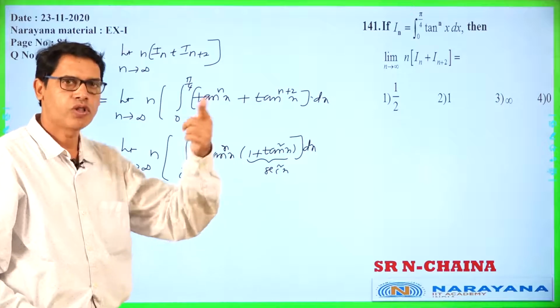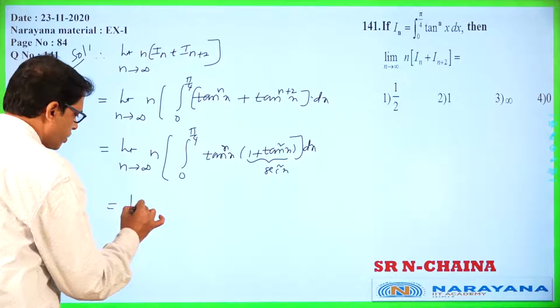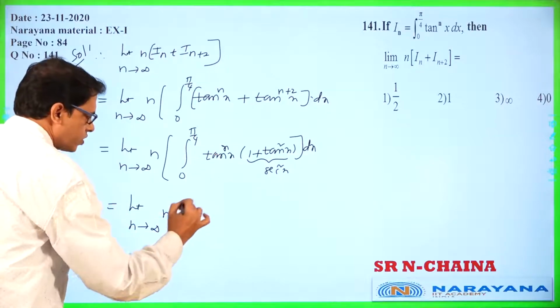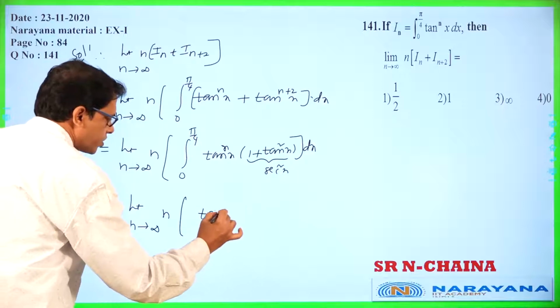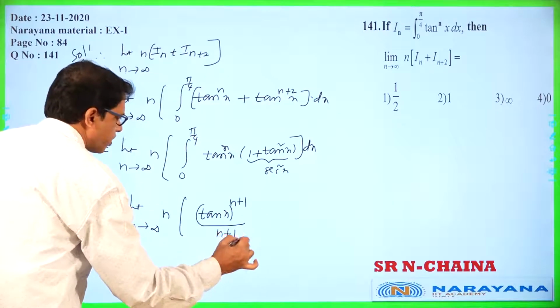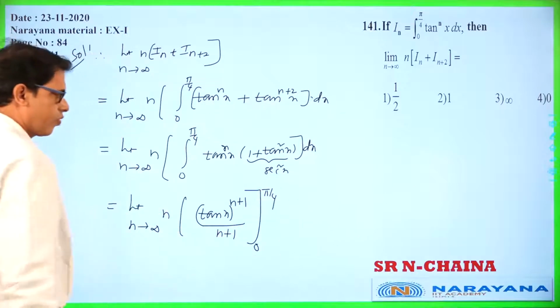Okay? f of x whole to the power n into f dash of x integrates to f of x whole to the power n plus 1 by n plus 1. So the limit as n tends to infinity, n into this will be tan x whole to the power n plus 1 by n plus 1. Now apply the limits, 0 to pi by 4.